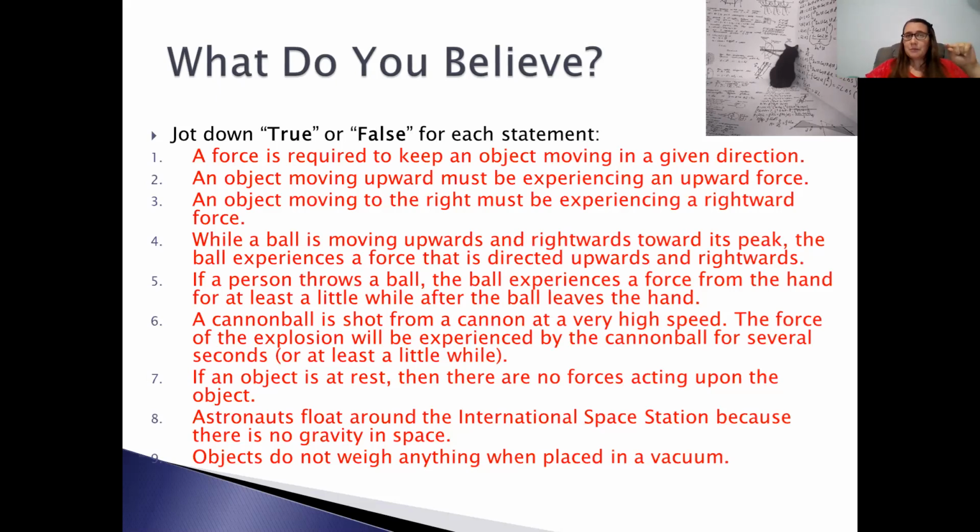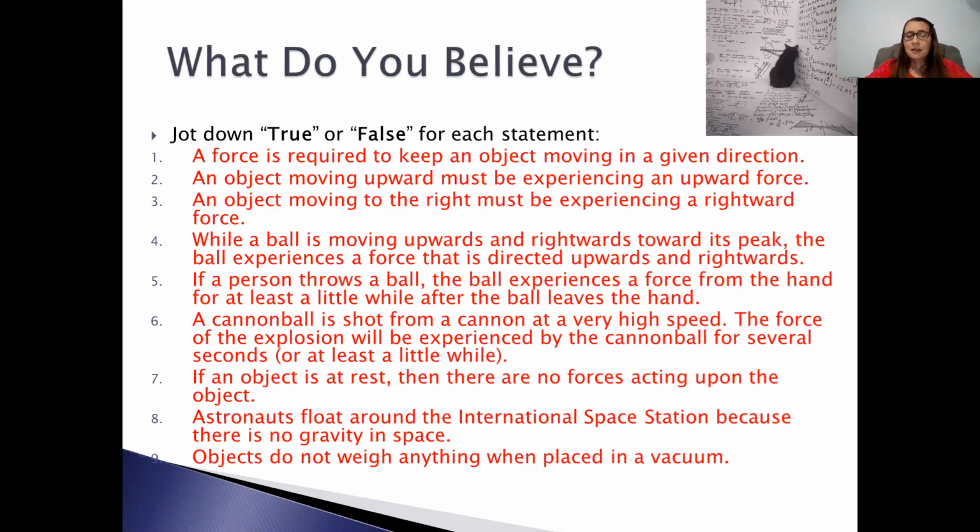Although I will point out really quickly, number 8, I had a lot of students in both physics and astronomy, when I taught honors astronomy, who thought that there was no gravity in space. That seems to be a very big, common misunderstanding of what is happening in space and why astronauts float around.